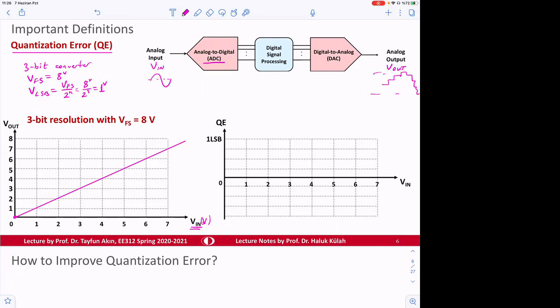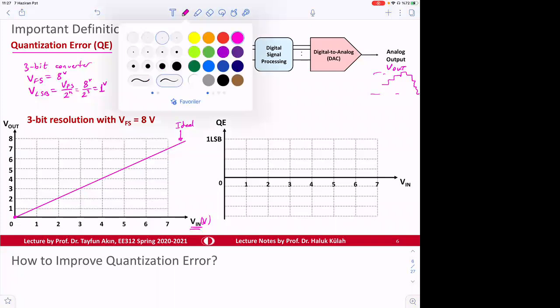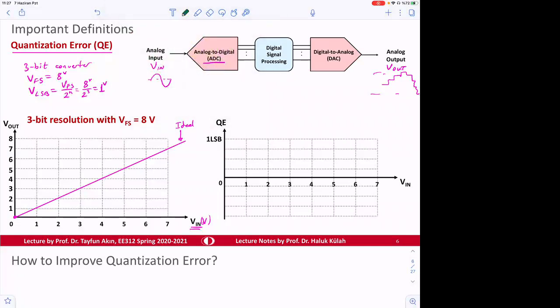Now, ideal, I mean, if the input is 0, output should be 0. If the input is 0.1, output should be 0.1. That's what we expect. But if you have a 3-bit representation, this is not going to be really the case, because here this is how the response is going to be.